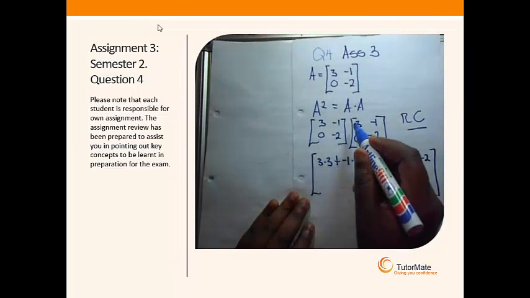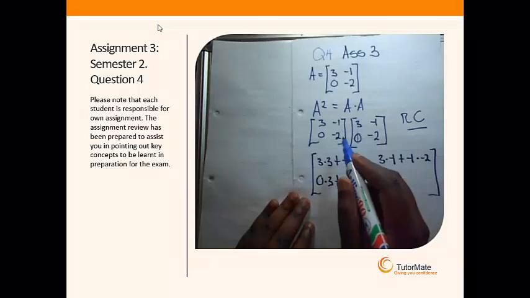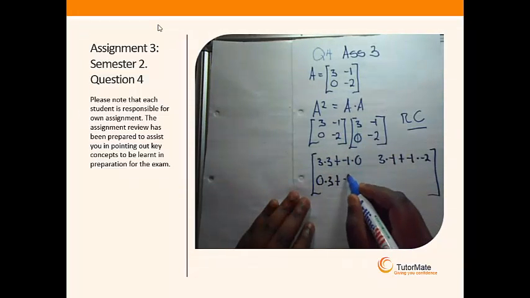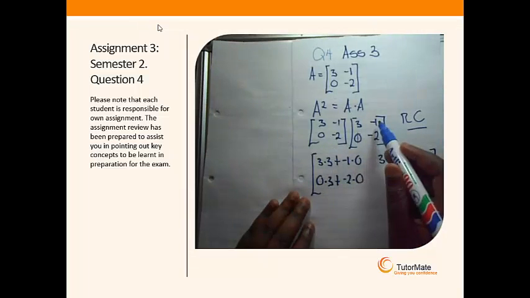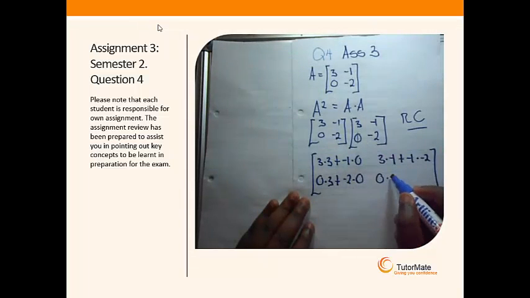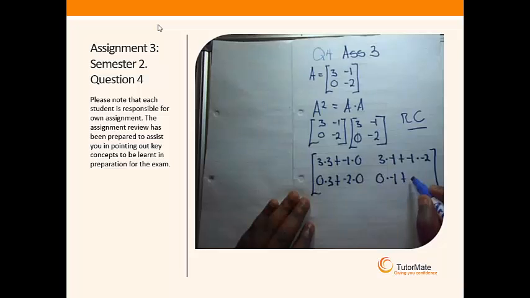Then you say 0 times 3 plus minus 2 times this 0. Then 0 times minus 1, plus minus 2 times minus 2.